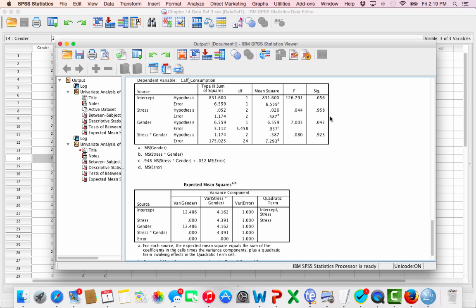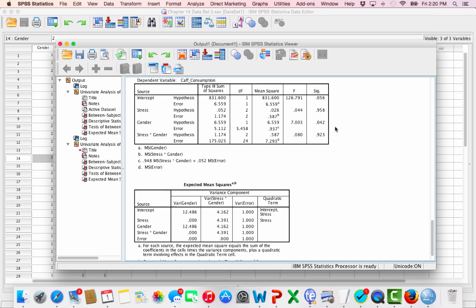When you look at the significance levels, you can determine which factors were statistically significant. Remember, you're looking for values less than our alpha level of 0.05. Well, stress is greater than 0.05, therefore it cannot be shown to have an effect on caffeine consumption.